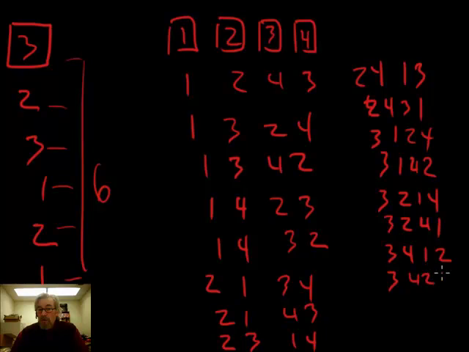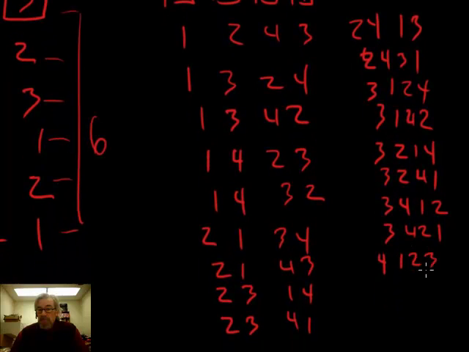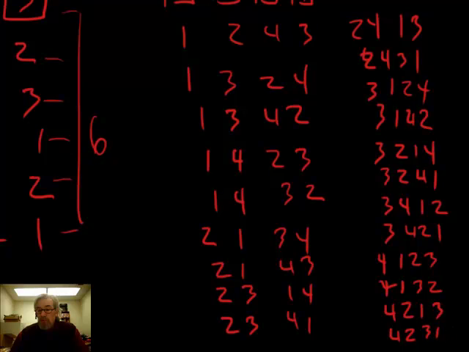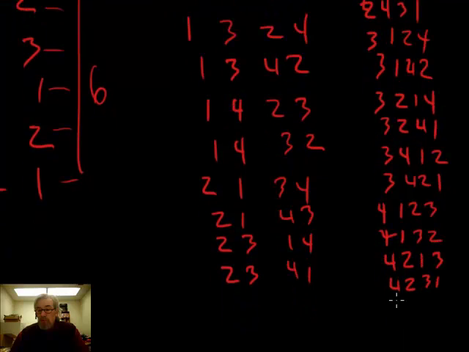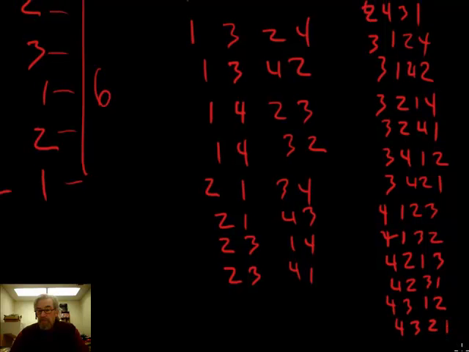If I started with 4, I could have 4, 1, 2, 3, or 4, 1, 3, 2. I could have 4, 2, 1, 3, or 4, 2, 3, 1. I could have 4, 3, 1, 2, or 4, 3, 2, 1. And I think those are all my possibilities.